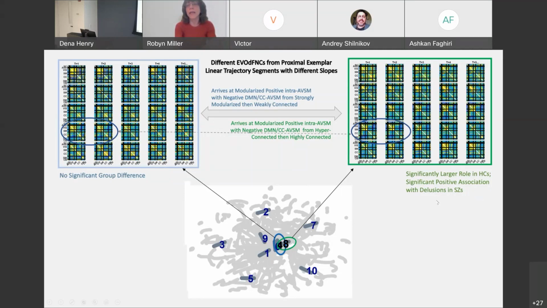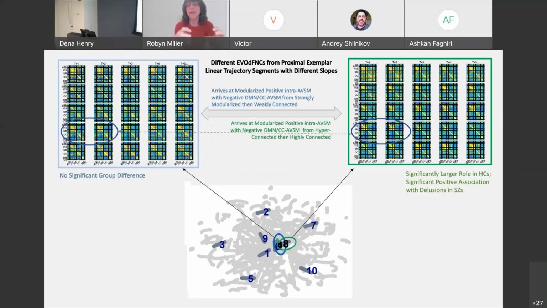And moreover, in one case, there's not much of a group difference. This kind of evolving pattern contributes equally to schizophrenia patients and to controls. This one, which kind of starts off in a hyperconnected condition and then develops forward from that, has a significantly larger role in reconstructing the connectivity sequences of controls.